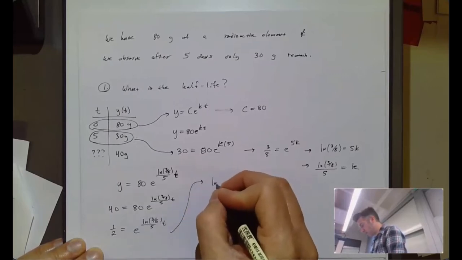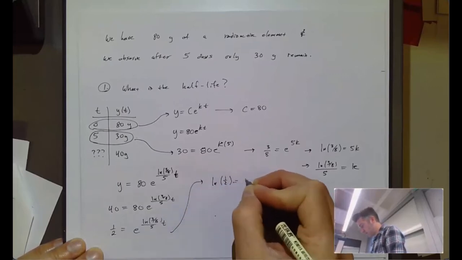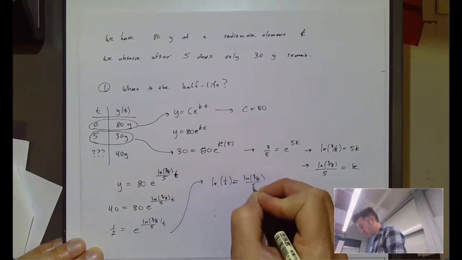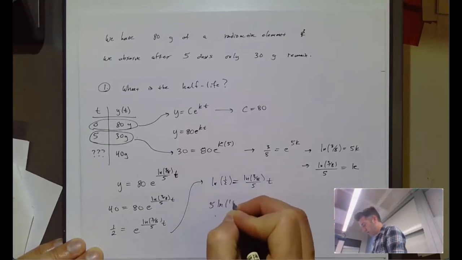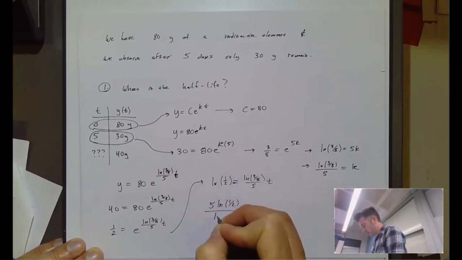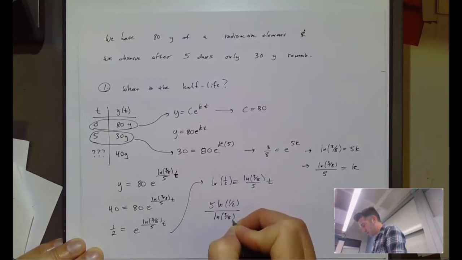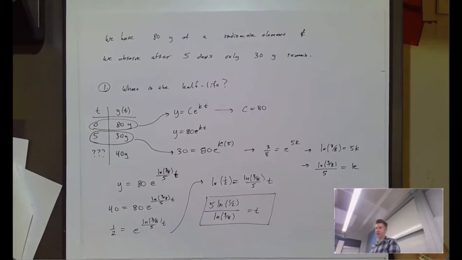The natural log of 1/2 equal to the natural log of 3/8 over 5 times t. And then multiply both sides by 5. Divide both sides by the natural log of 3/8. And that's, without a calculator, kind of the best way you can express your answer.